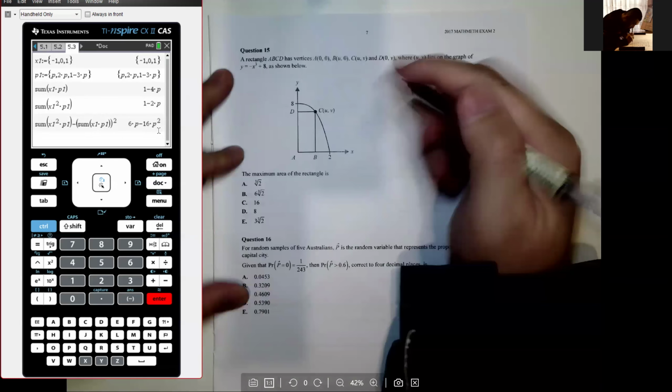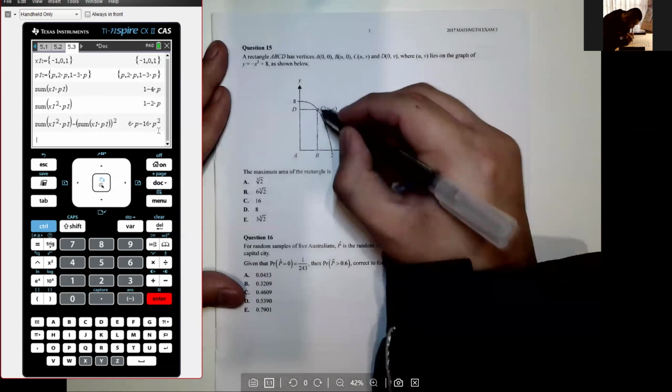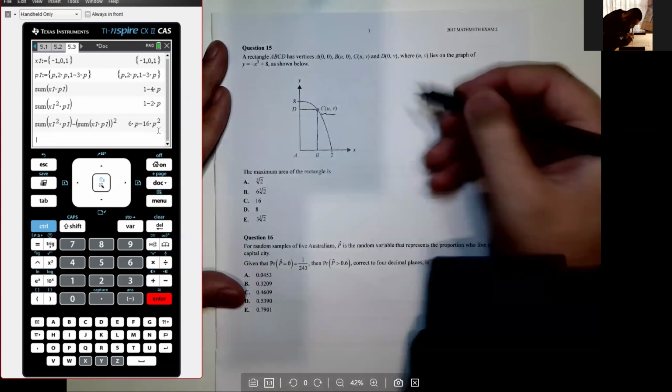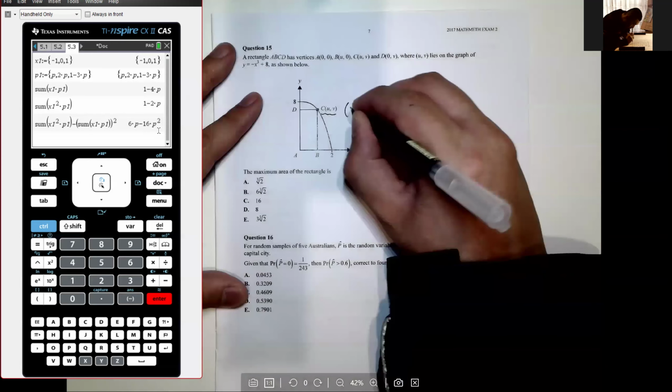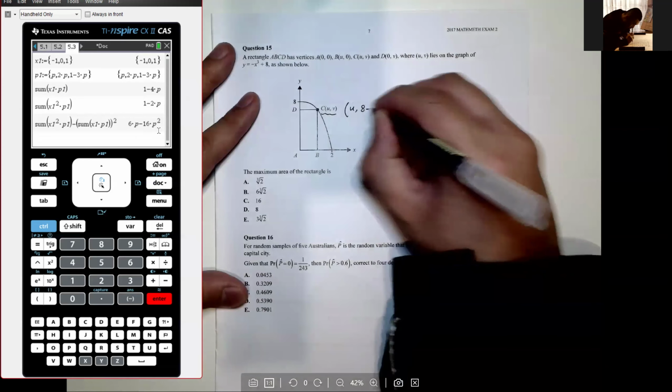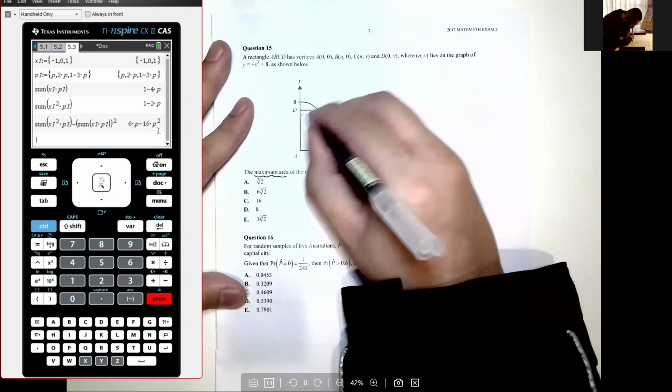Okay, 6 more questions to go. Question 15, a rectangle has vertices A, B, C, D, and C has a pair of coordinates (u, v) on the graph of 8 - x³. So you can write (u, 8 - u³). We would like to find the maximum area of this rectangle.